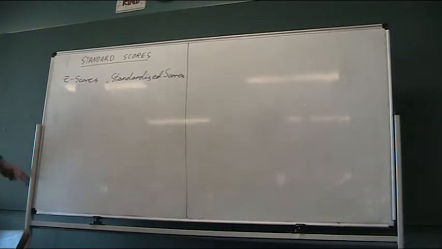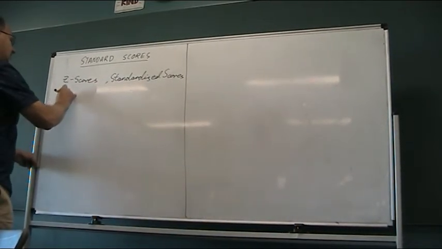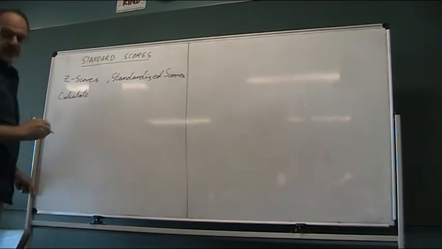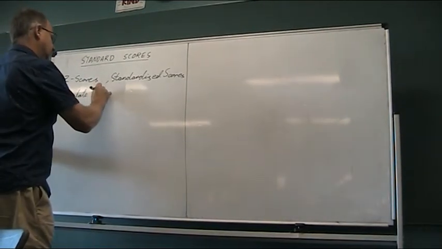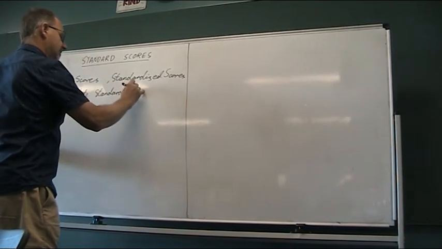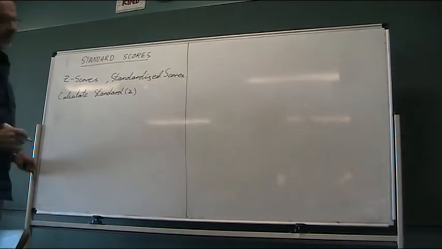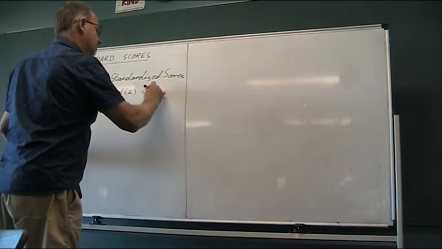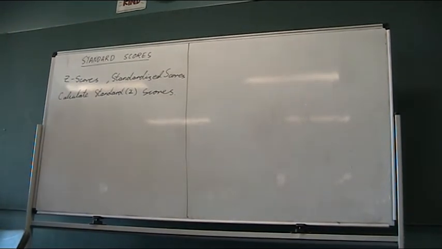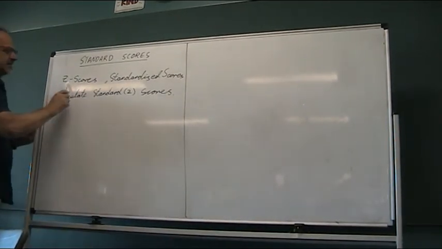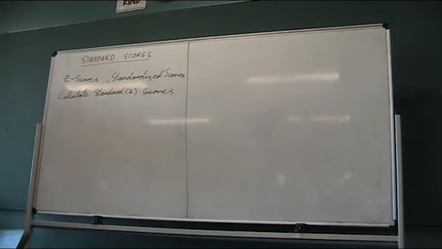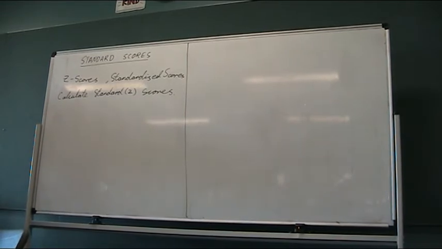So, to calculate our standard score, and the standard score is the Z, we do the following. What standardised scores do is they create this Z score or standard score, which you can then use to compare different things.